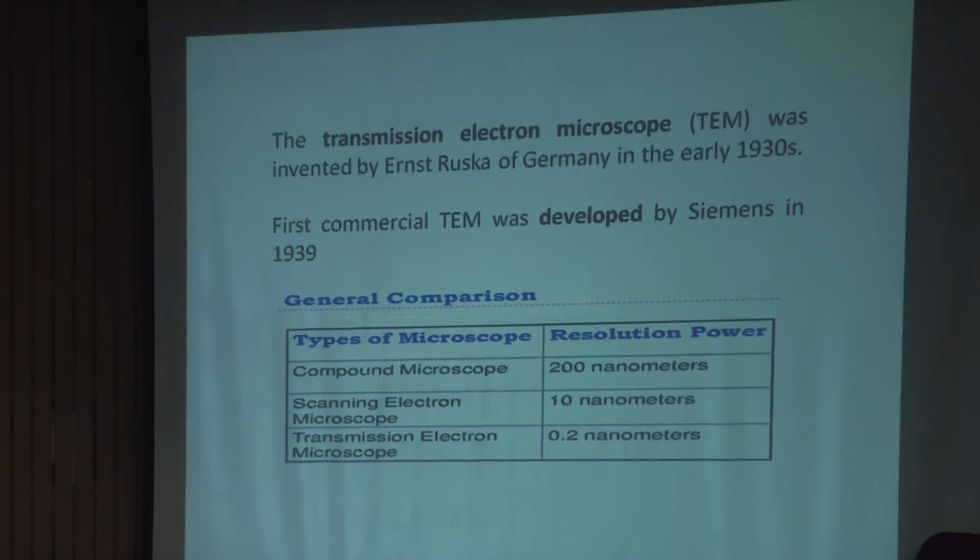The resolution power of the compound microscope is 200 nanometers, and the scanning electron microscope is about 10 nanometers, and the present day transmission electron microscope has a resolution power up to 0.1 nanometer.